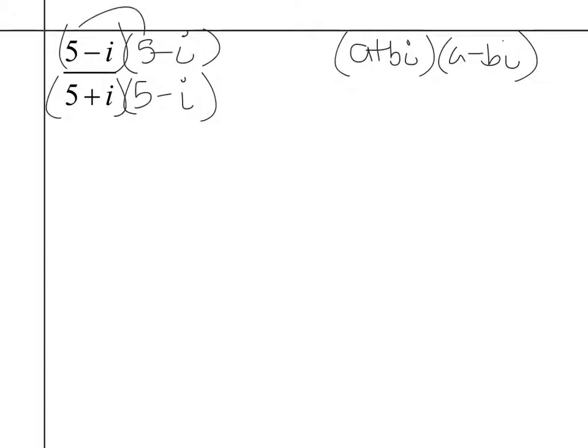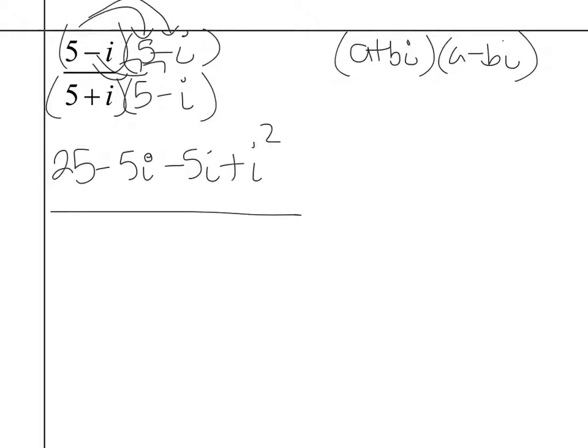Okay, so distribute out the top, so you get 25 minus 5i minus 5i plus i squared. The bottom, 25 minus 5i plus 5i minus i squared.